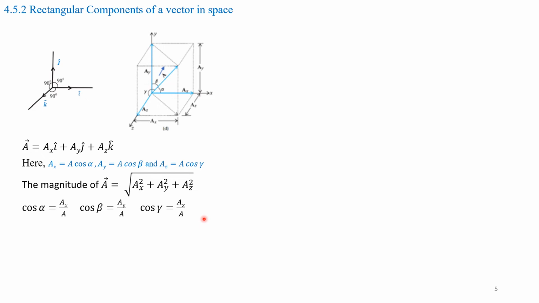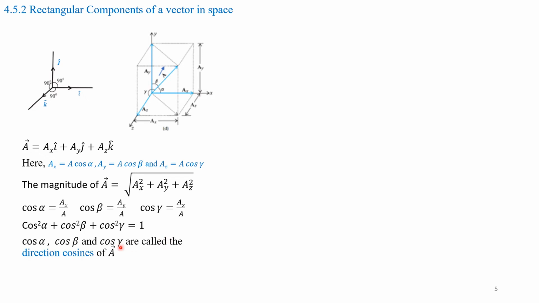Thus, we have resolved the components of vector A along the three axes in space. And these angles are also given by cos squared alpha plus cos squared beta plus cos squared gamma is equal to 1. Therefore, cos alpha, cos beta, and cos gamma are called the direction cosines of vector A.